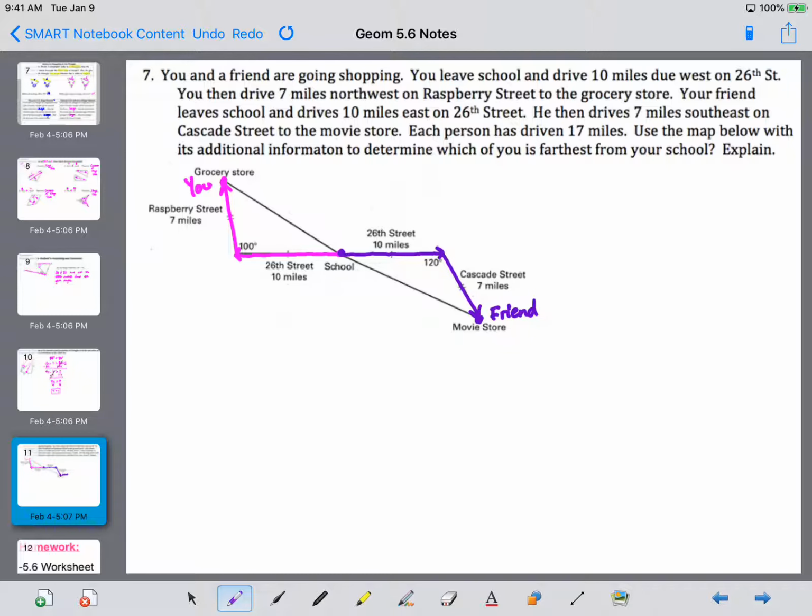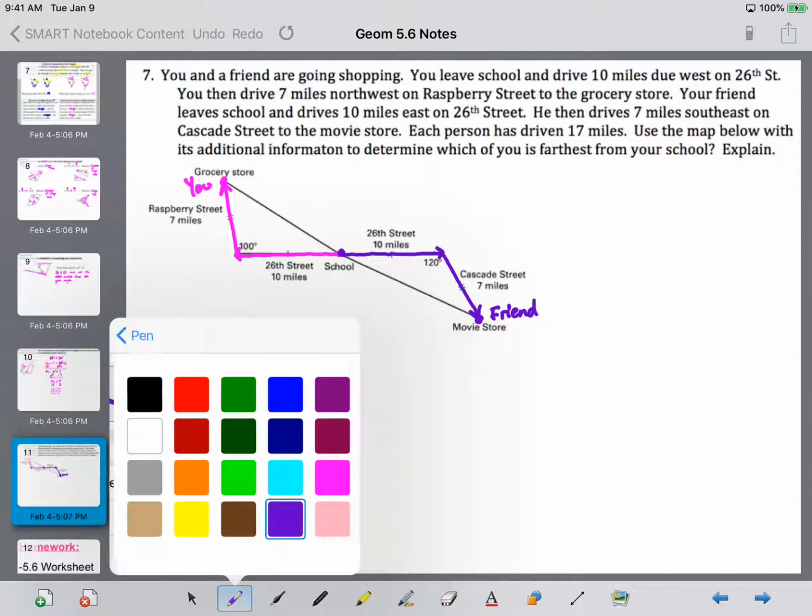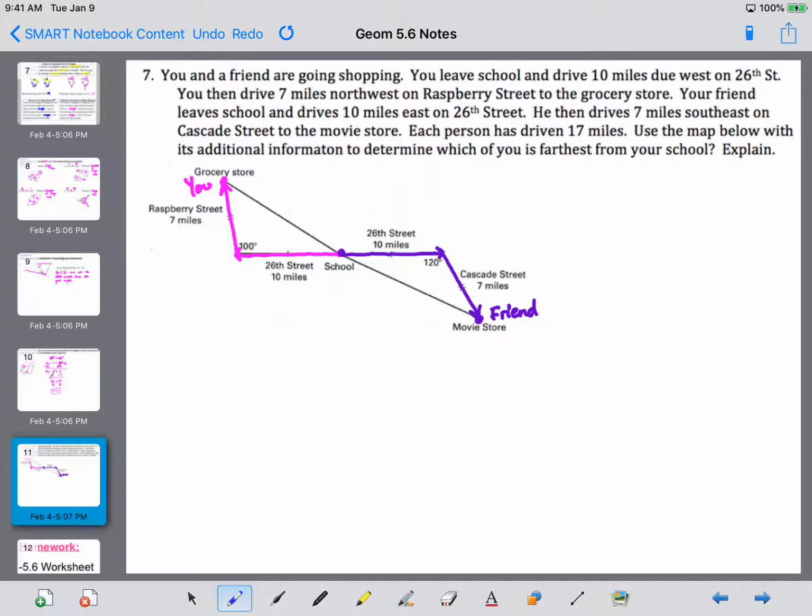If you notice here, we've got a couple of angles given in this picture. This 100 degrees is across from your distance, so your distance from school is here. And your friend made a 120 degree angle. So that one is larger. I'm going to use a double arc. This angle is smaller than this larger angle.